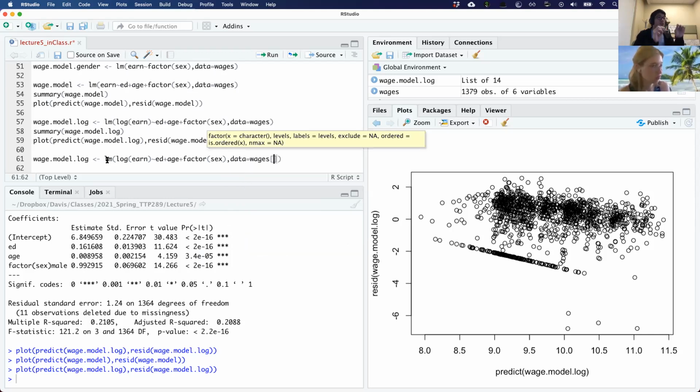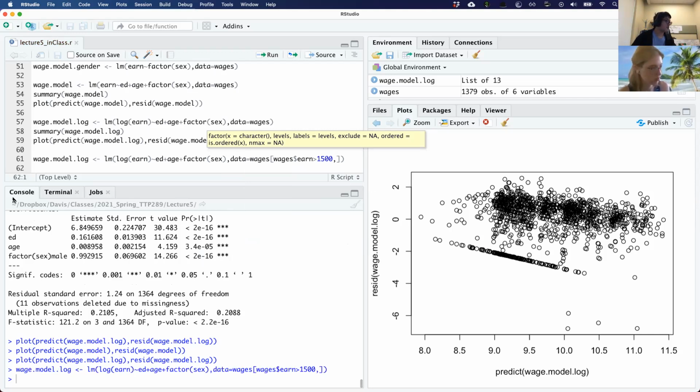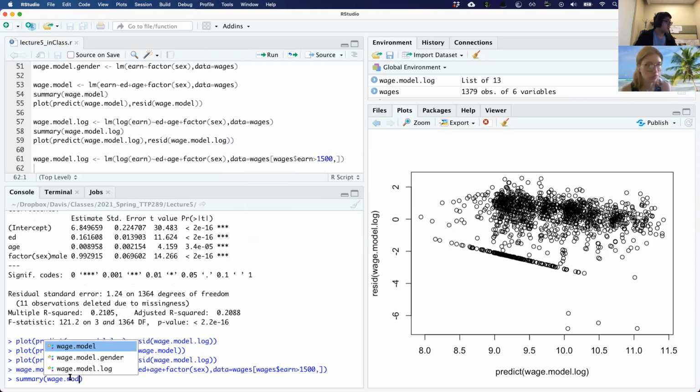And now the data that I'm putting in, I'm going to create a filter where I'm going to say I'm only going to include data where people are earning more than $1,500 a year. And summary of wage model log.